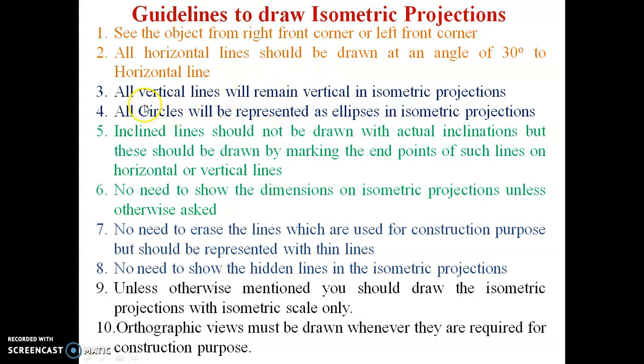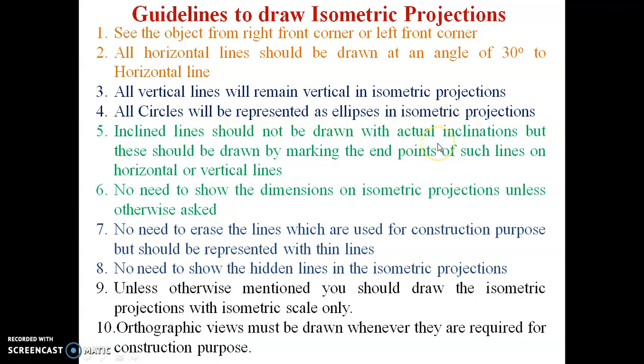These things we are going to see in detail once we are solving one problem for the isometric projection. Then the third guideline says that all vertical lines will remain vertical in isometric projection. Whichever vertical lines are in the object will be represented as vertical lines only, but in isometric scale. The fourth guideline says that all circles will be represented as ellipses in isometric projection.